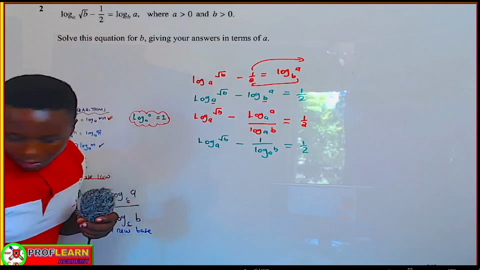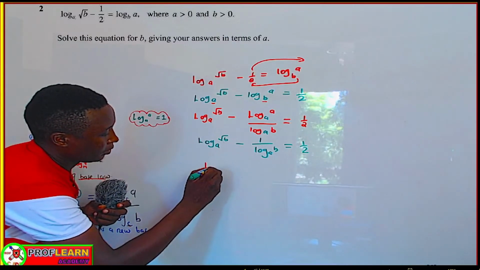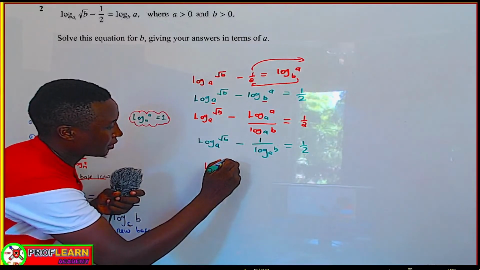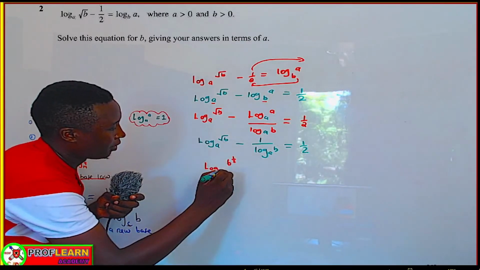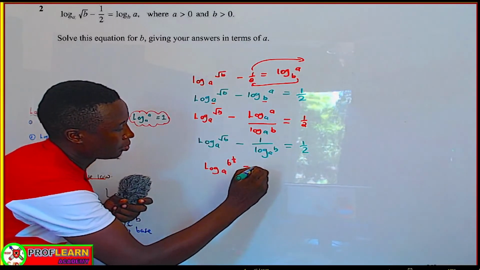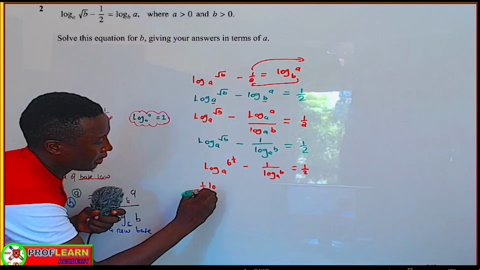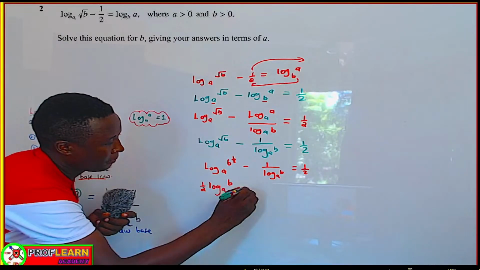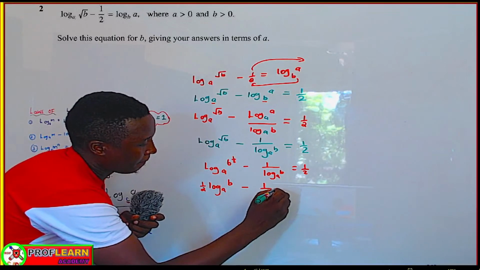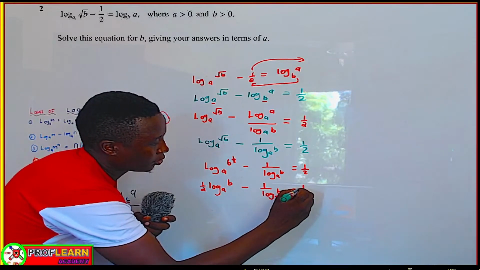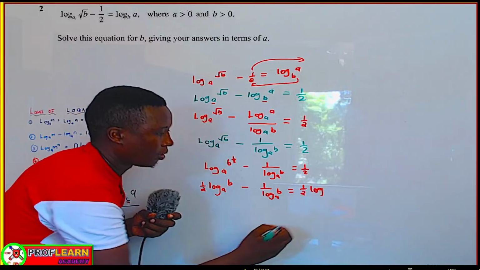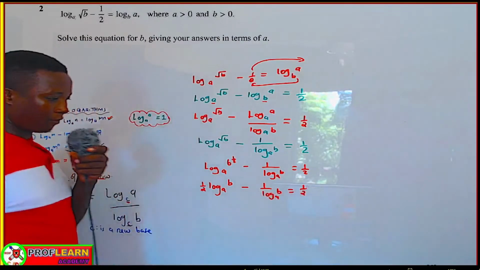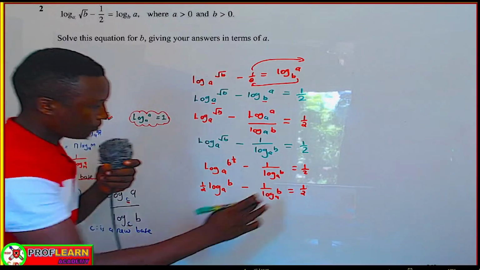We have log of root b base a is the same as b raised to a half, and this base a equals half log b base a, minus 1 over log b base a, equals a half.